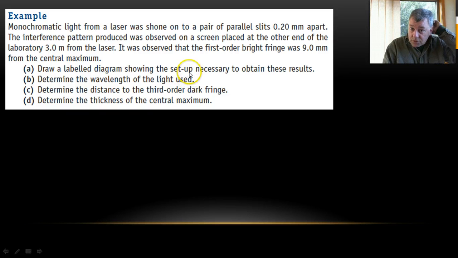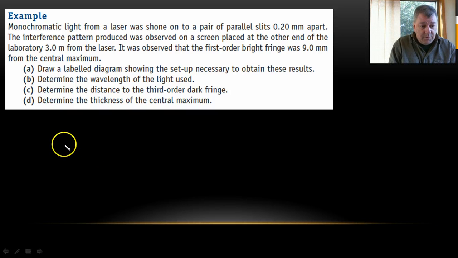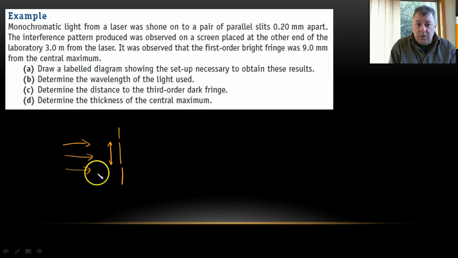Okay, first off, let's draw a diagram of what it looks like. We would have our monochromatic light coming in like so. We would have our slits like so, and the distance of this is 0.2 millimeters, which, if we're careful and convert that to meters, gives us 0.0002 meters.